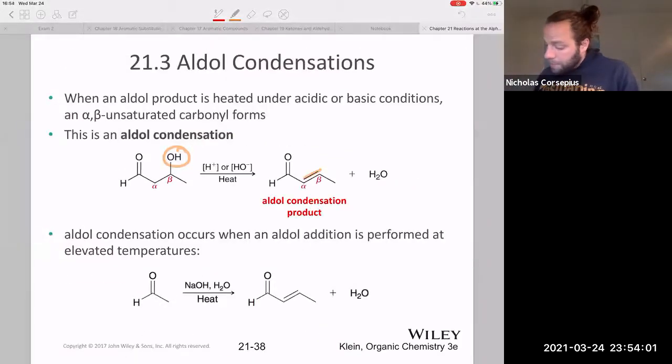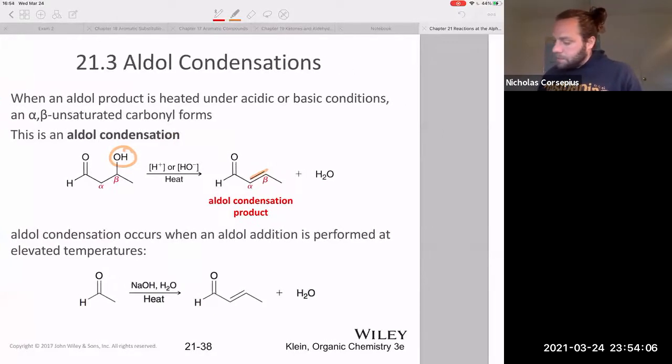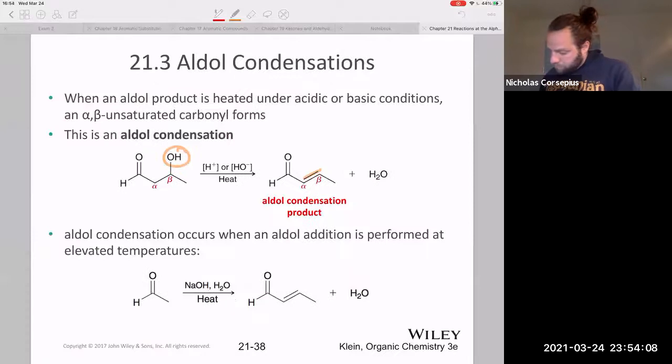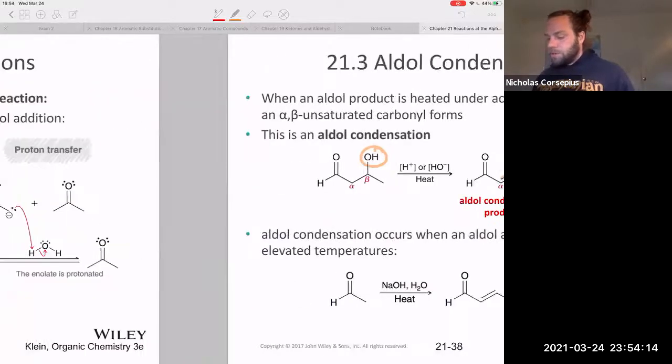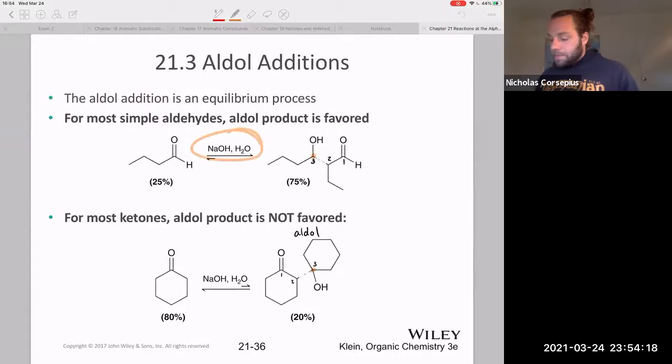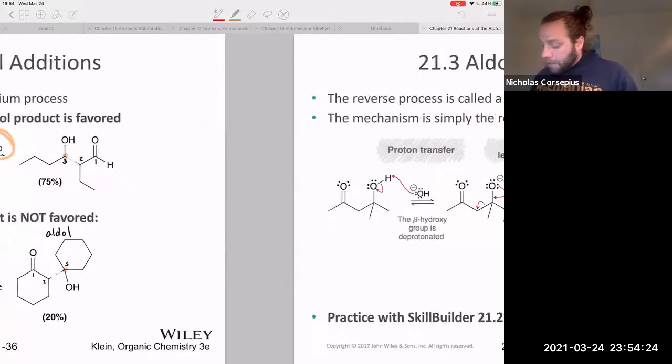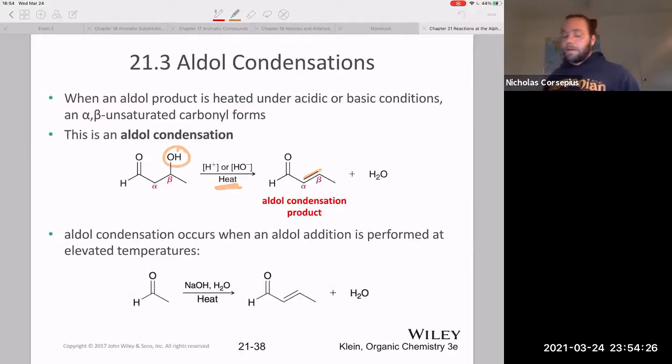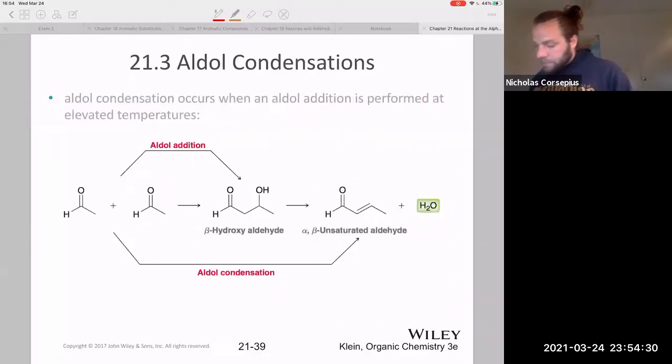This can either be acid catalyzed or base catalyzed. So, just to note, I have my base and water, which will give me my aldol addition. Now, if I follow that up with heat, that'll catalyze the condensation.